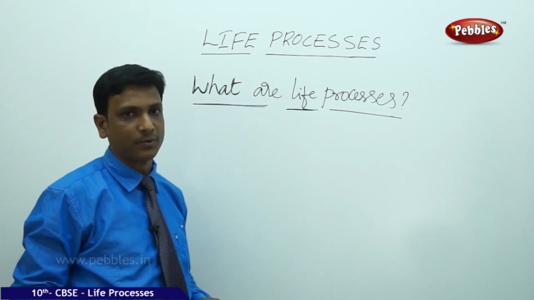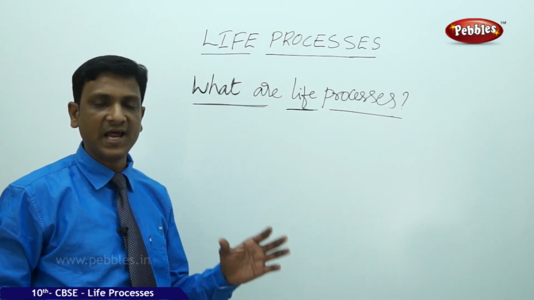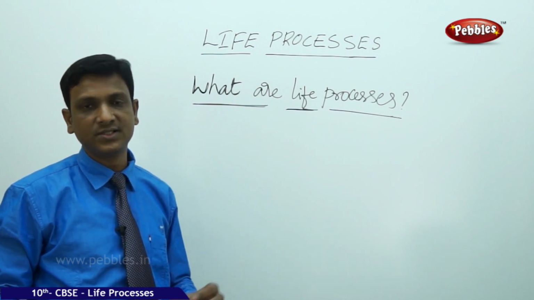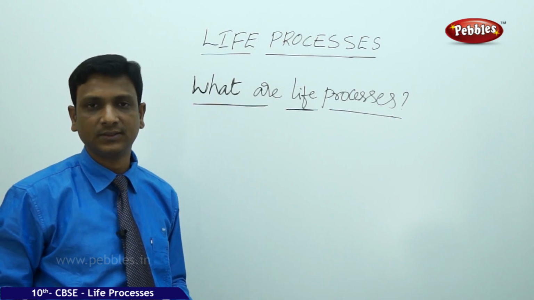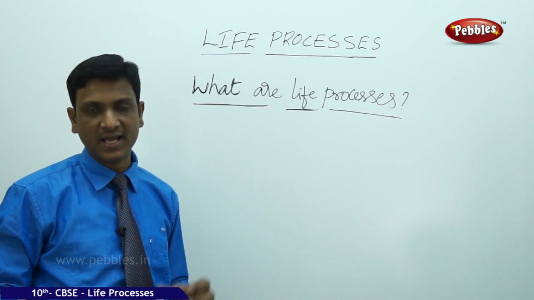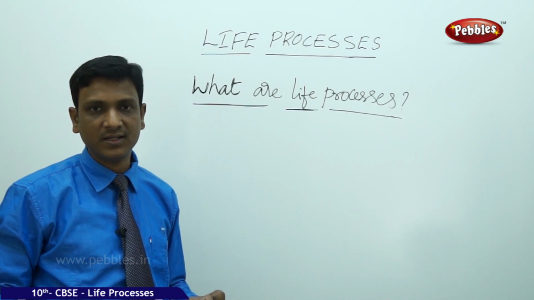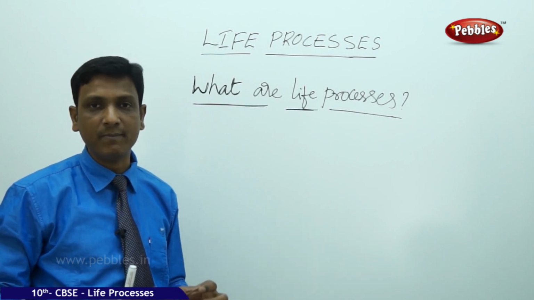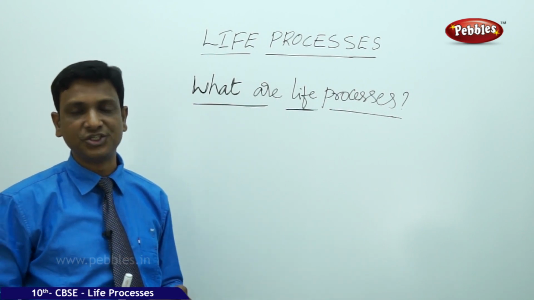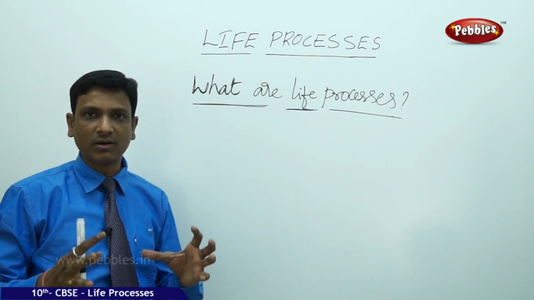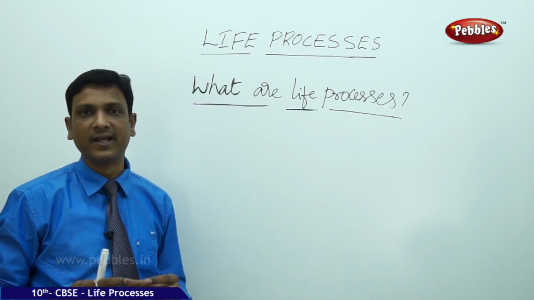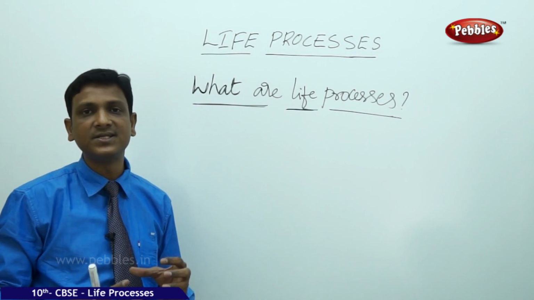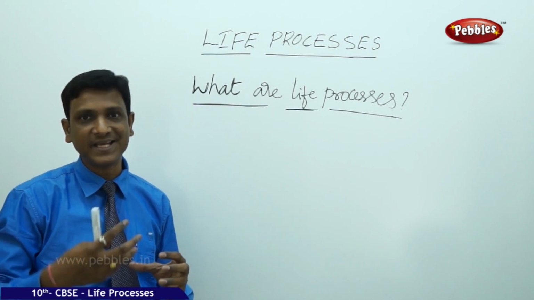What are life processes? Here we have discussed the main character by which we can distinguish what is living and non-living. The living things have the basic feature: the movement of molecules, and these molecules make up the structures and organization. So this organization has to be kept there, and if it is destroyed, it has to be repaired and maintained.